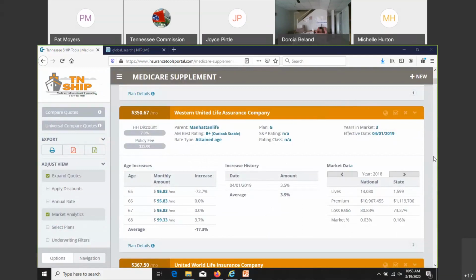We do have a page that we send people along with the comparisons that has each of the plans' contact information, that being their address, their website, their phone numbers, all of that good stuff, that we would be more than happy to share with everybody. You can find it at Tennessee.gov.